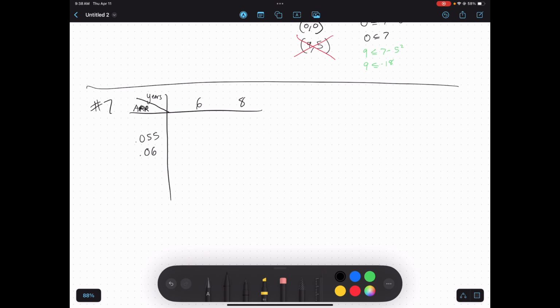So all this problem's helping you to do is get used to dealing with two different variables, right? In this case, my x and y, I have two independent variables. One is the APR rate, my interest rate, and the other one is years.